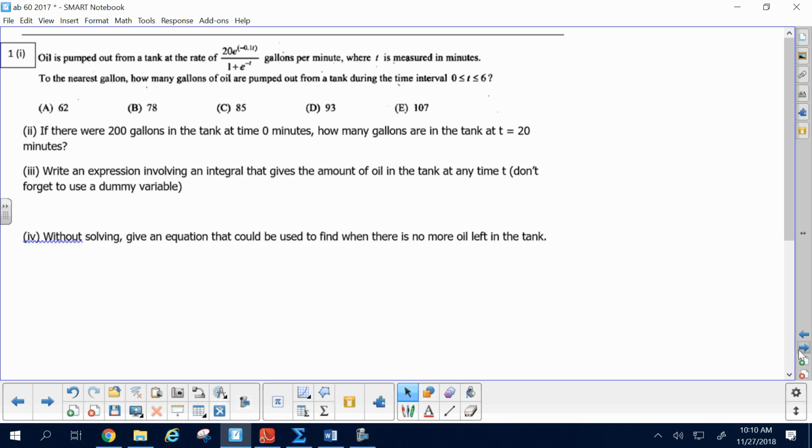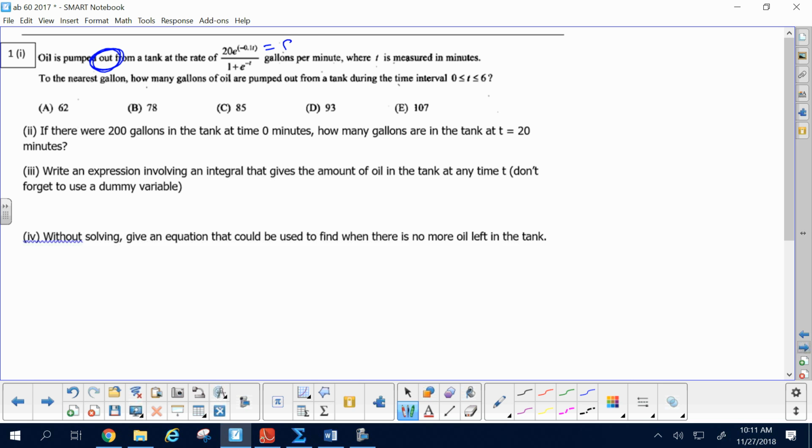I actually screwed up during class yesterday in that I didn't read a very key word on number 1, and that word is pretty darn important. It's not pumping oil in, it's pumping oil out. Keep that in mind as we get to some of the later questions. That doesn't affect this question here.